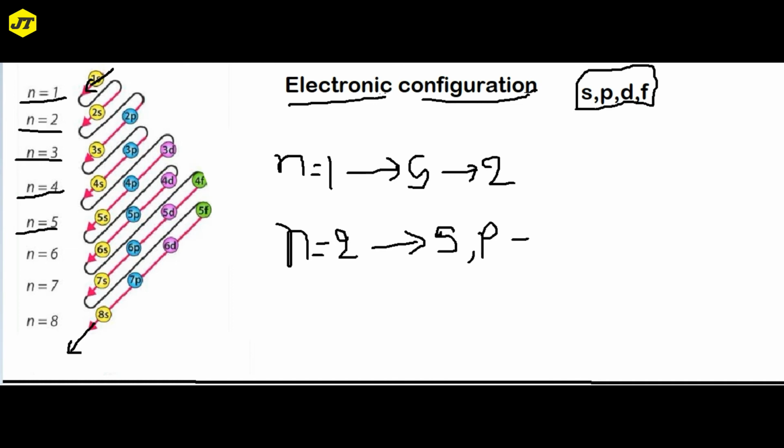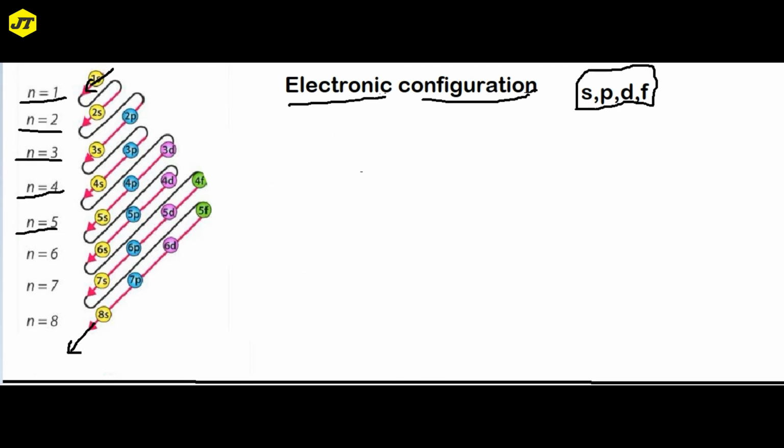They can hold up to 8 electrons. The second orbital where n is equal to 2 can hold up to 8 electrons. So in this way we know the capacity of electrons they can hold.